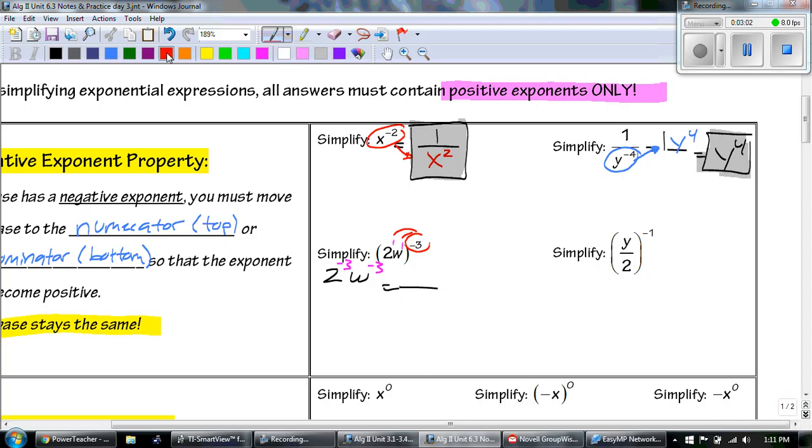If my exponent's negative, drop it like it's hot. So I get 2 cubed w cubed and the 1 on the top. Now I can figure out what 2 cubed is. That's 2 times 2, which is 4, times 2, which is 8. So we have 8w cubed.